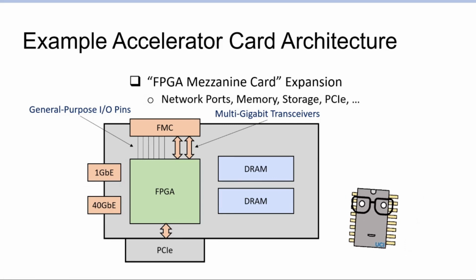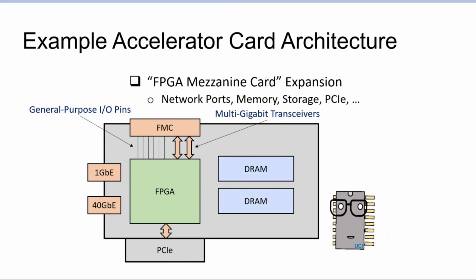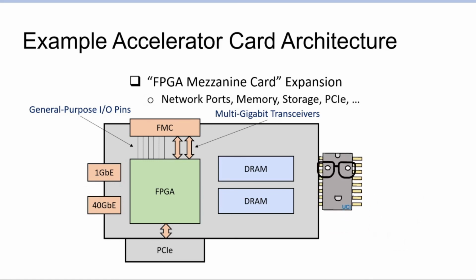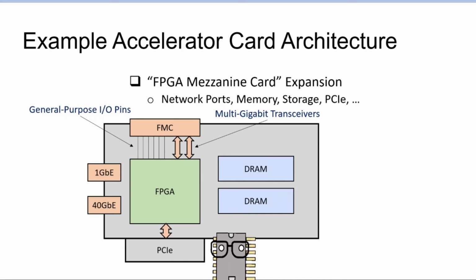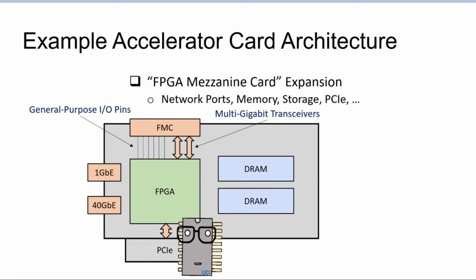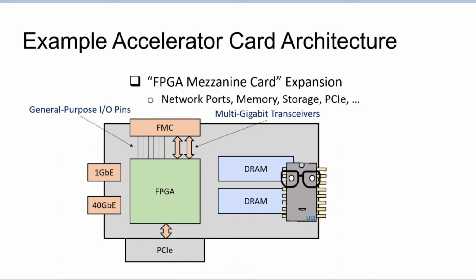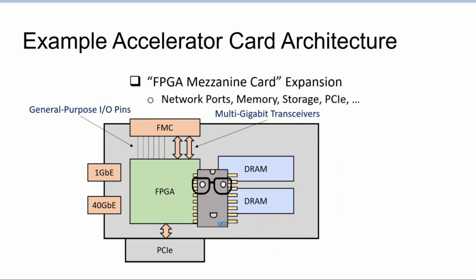An example accelerator card architecture, if your accelerator is something that you plug into a PCIe port, looks a bit like this. You have a big card, looks almost exactly like a GPU, which plugs into the PCIe, talks to the PCIe. And you have onboard DRAM, which communicates with the embedded memory controller.